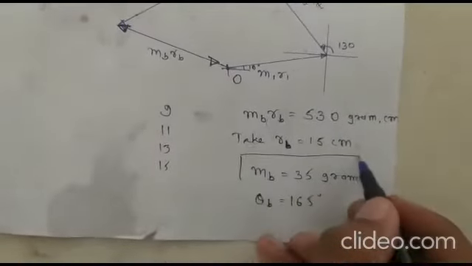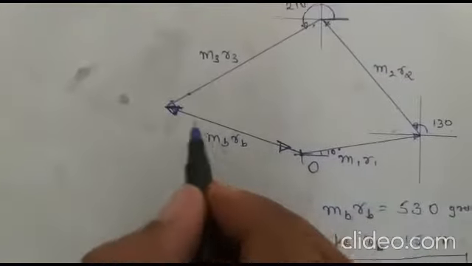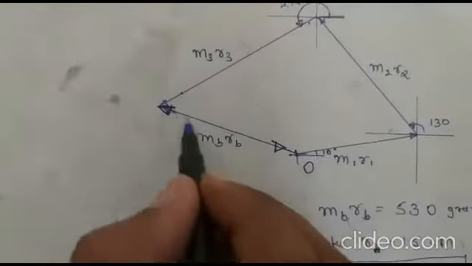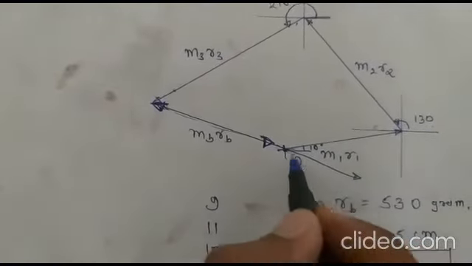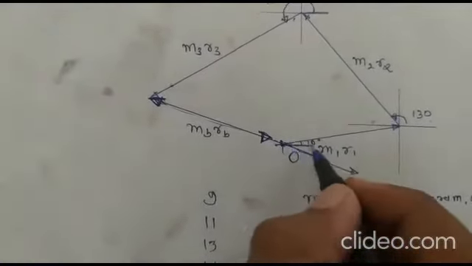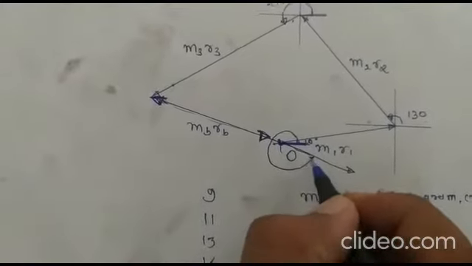Now how will you measure the angle? This is my resultant, but this direction is my balancing vector, so you have to extend this, and with respect to positive x you have to measure this angle.